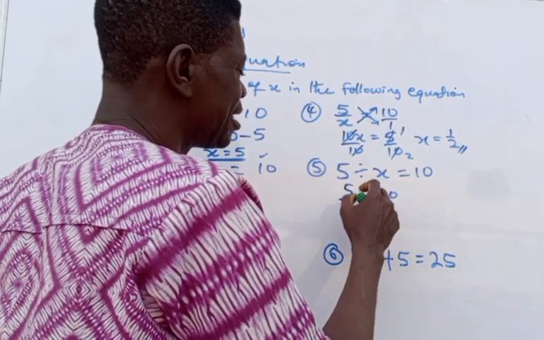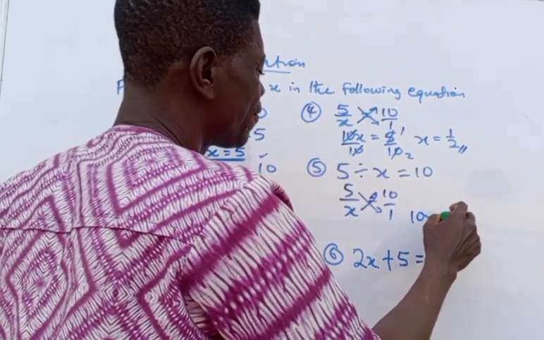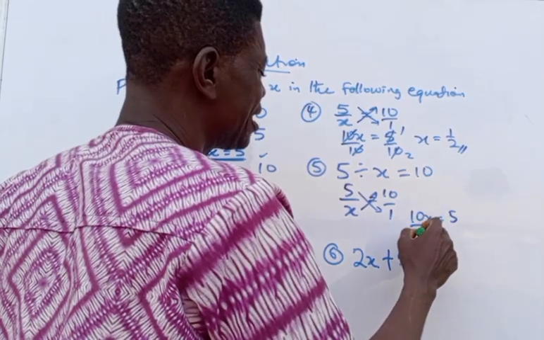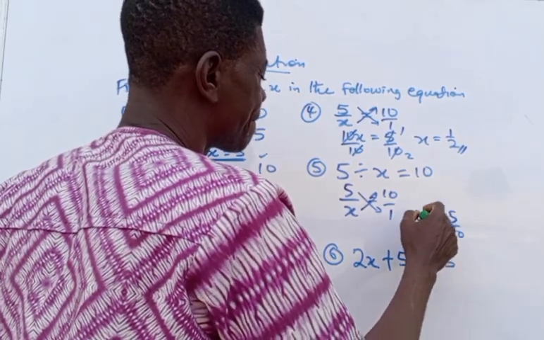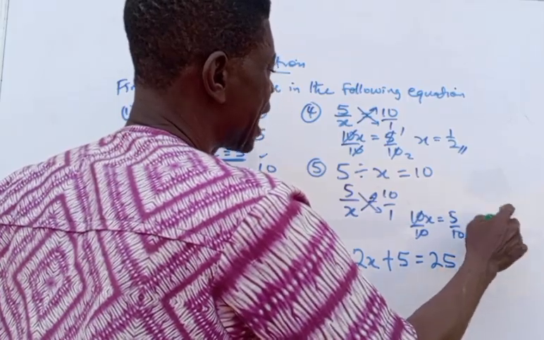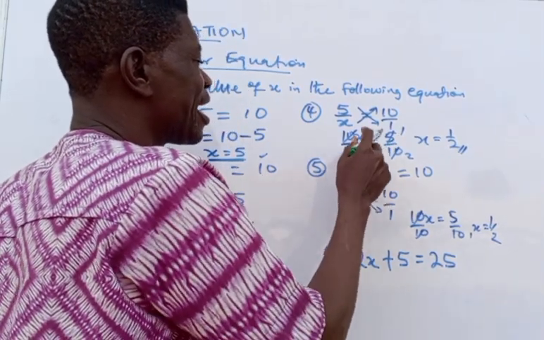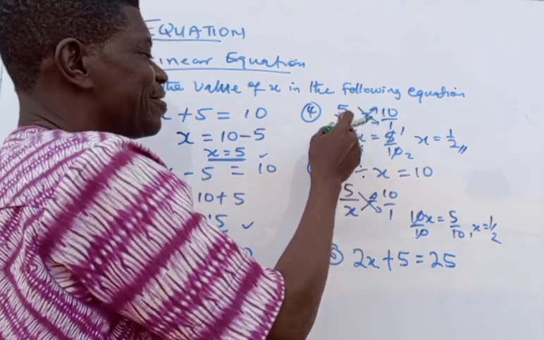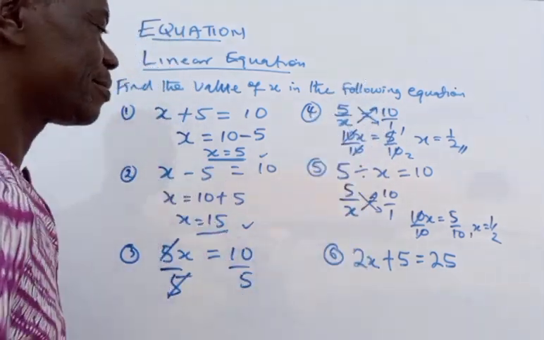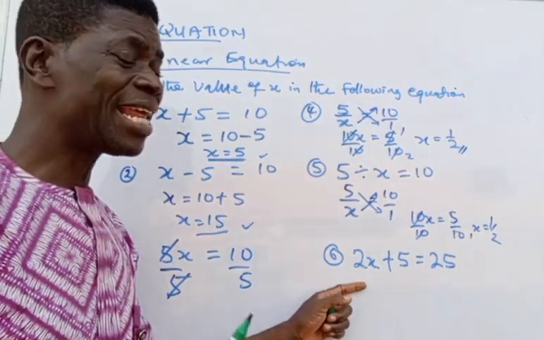You multiply like this, which gives you 10x is equal to 5. Divide both sides by 10. x is equal to 1 over 2. They are the same. The only thing is that the sign of division here and here are different, but they are saying the same thing.